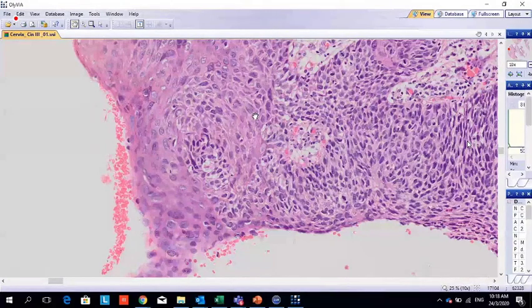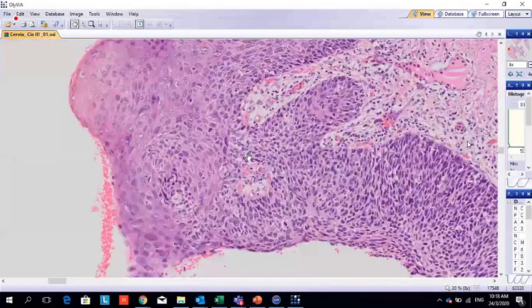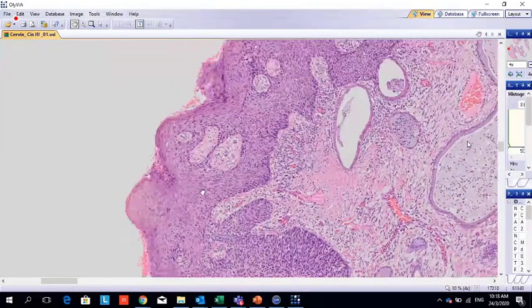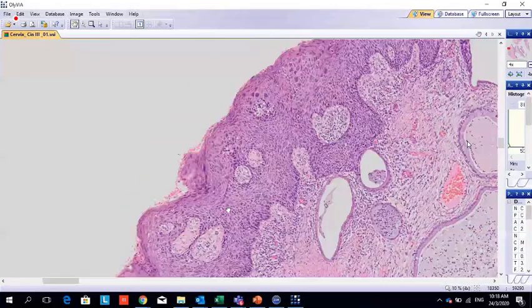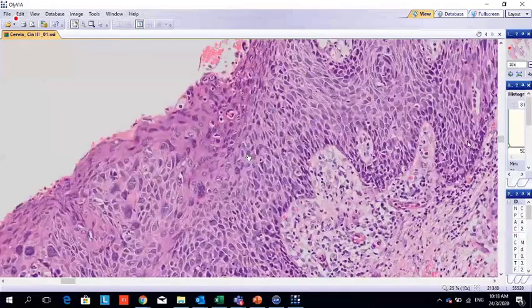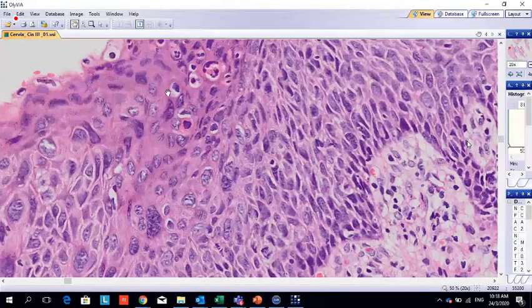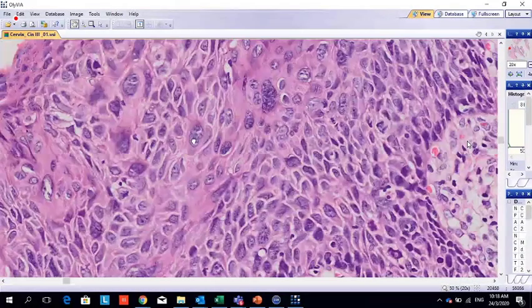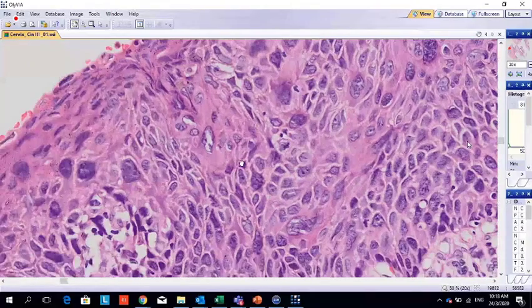So we said the features of dysplasia: polymorphism, high NC ratio, hyperchromasia, loss of polarity, abnormal mitosis, loss of maturation, right? So what is the most common etiology here? HPV. You know the pathogenesis, right? Look here, koilocytic cells.